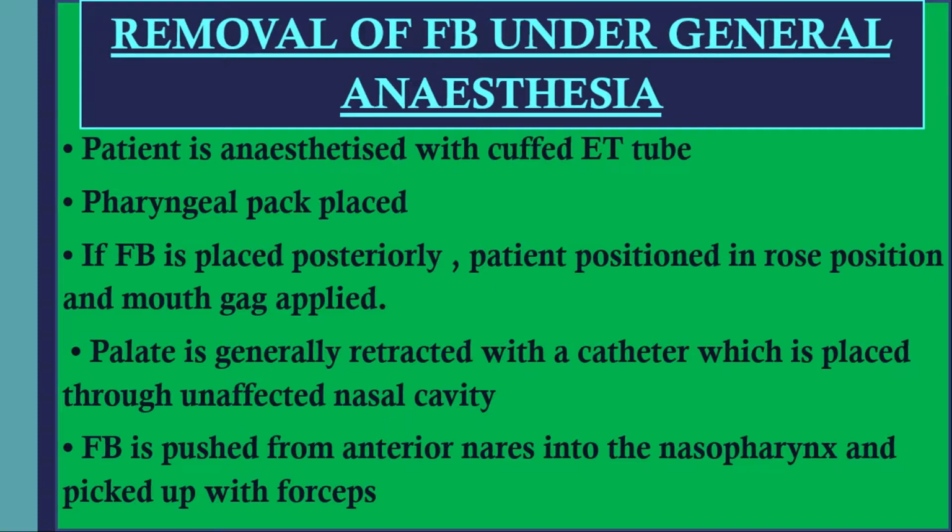Rose position is where the patient is usually supine with a sandbag under the shoulders to raise the shoulders. Now, the palate is generally retracted with a catheter, which is placed through the unaffected nasal cavity. The foreign body is pushed from anterior into the nasopharynx and picked up with forceps.